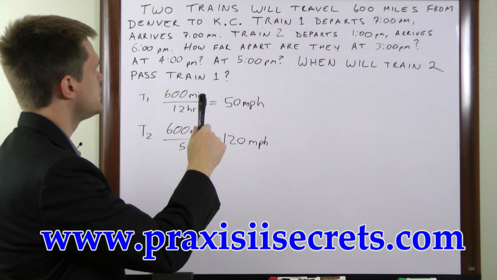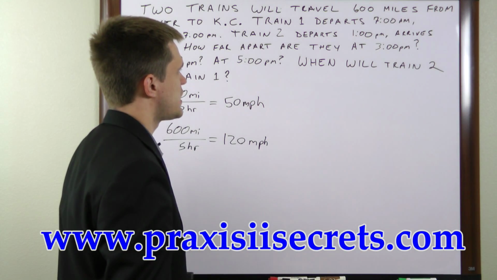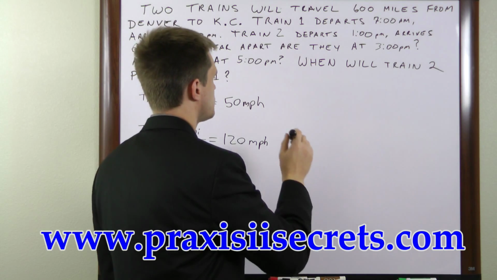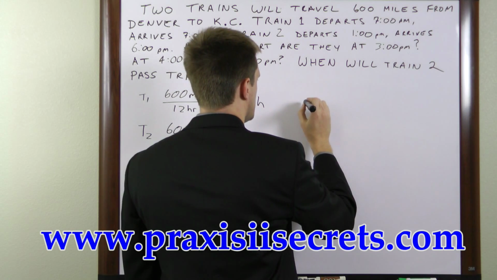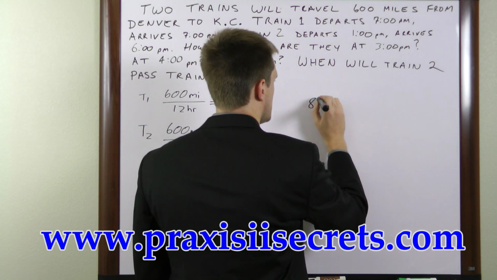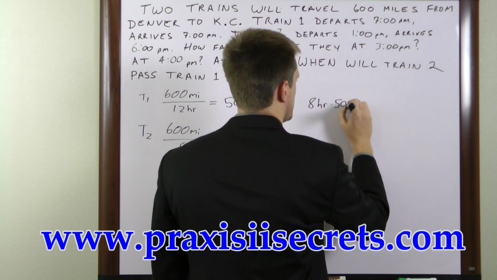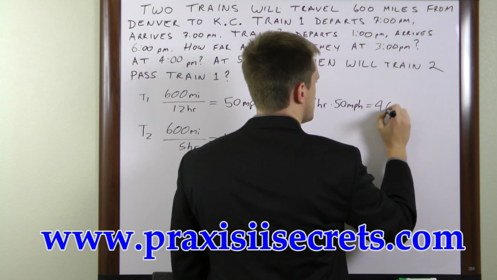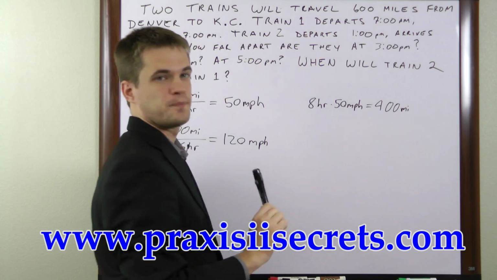So train 1 at 3 p.m. has been traveling for 8 hours. So train 1's position at 3 p.m. is going to be 8 hours times 50 miles per hour, or 400 miles to the east of Denver.